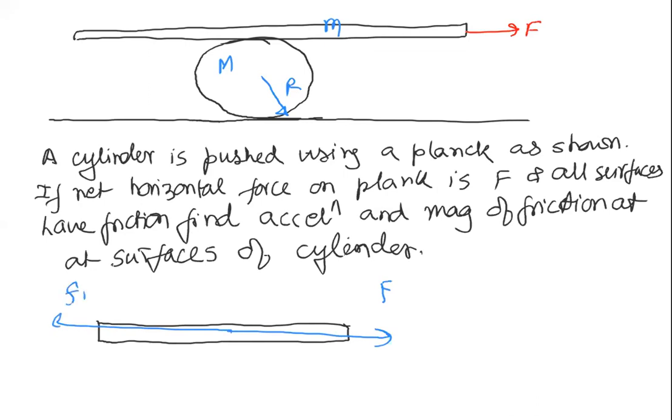F1 is the friction force applied on the plank by the top surface of the cylinder. So for the cylinder, I can write F minus F1 is equal to MA1.